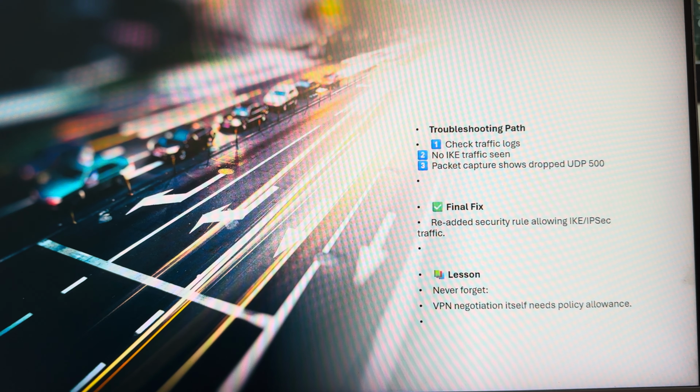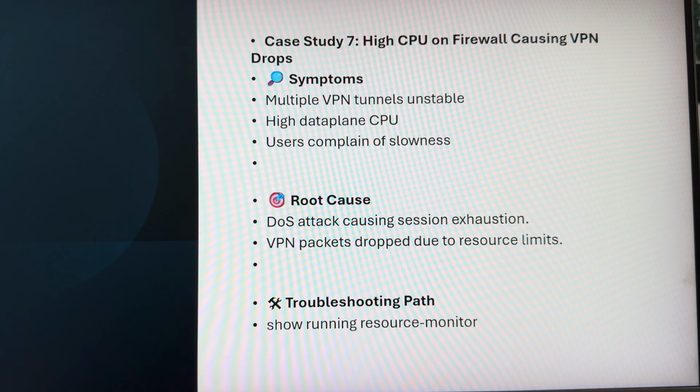Case study 7: high CPU on the firewall causing VPN drops. Symptoms: multiple VPN tunnels unstable, high data plane CPU, and users complaining of slowness. Root cause: a DoS attack causing session exhaustion, and VPN packets were dropped due to resource limits.